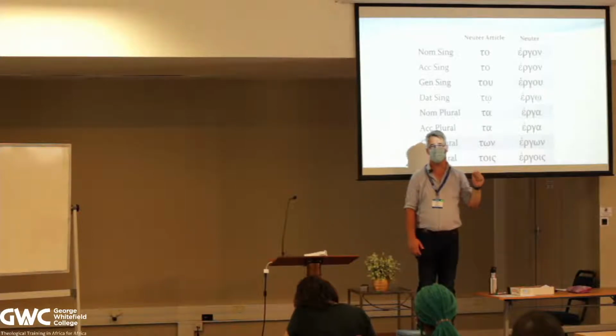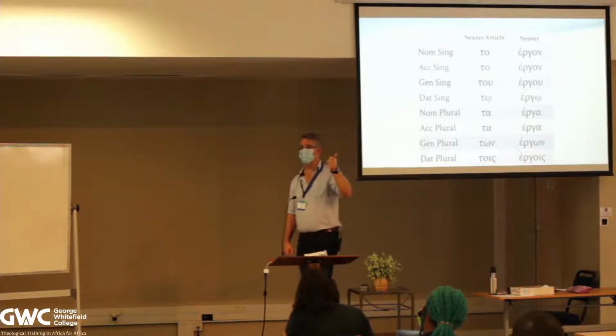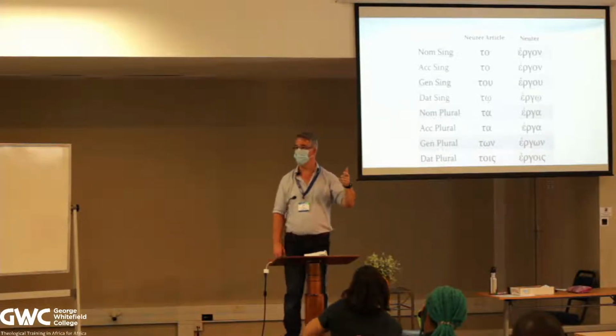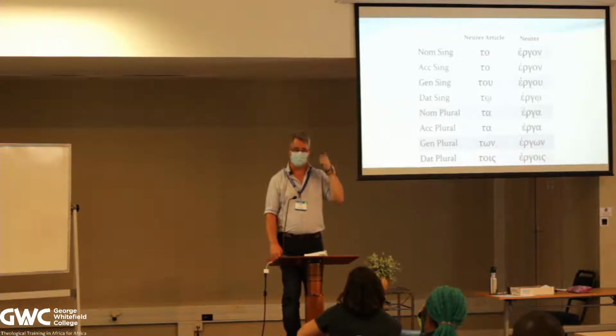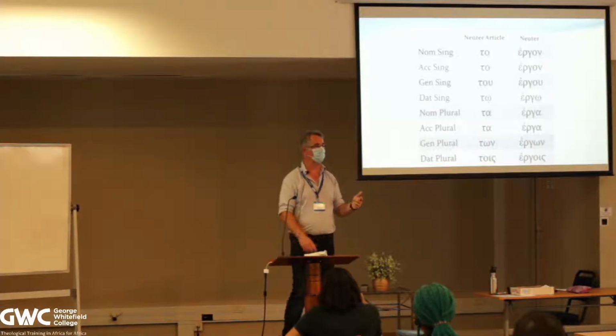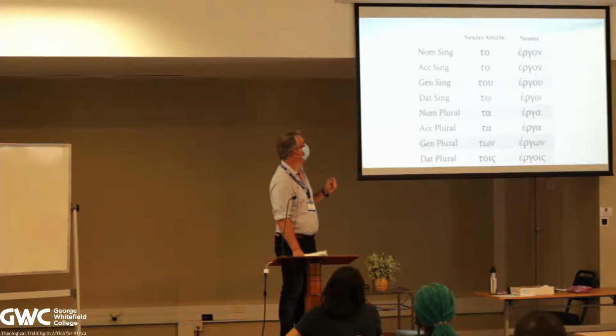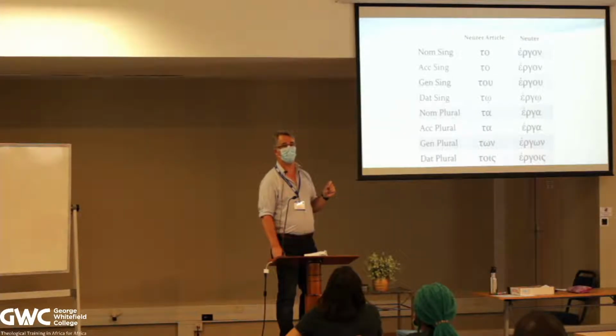So agreement doesn't always mean that the article ending and the noun ending look exactly the same. Agreement means it's the same case, number, and gender between the article and the noun. Sometimes, like the nominative singular and accusative singular of the neuter noun, it's going to look a little bit different, but it's still going to agree, still the same case, number, and gender.